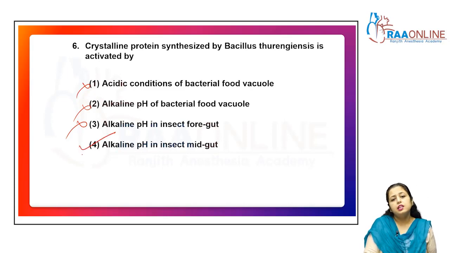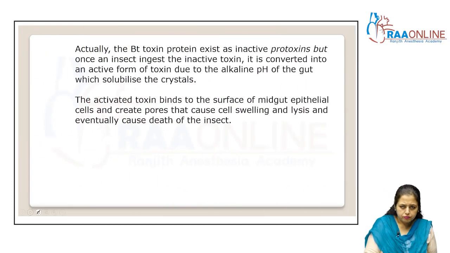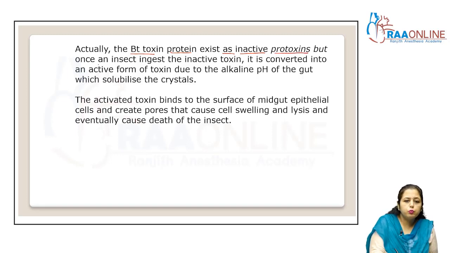Exactly, that is the exact line of NCERT. See here, the Bt toxin protein exists as an inactive prototoxin. But once an insect ingests the inactive toxin, it is converted into the active form of toxin due to the alkaline pH of the gut.